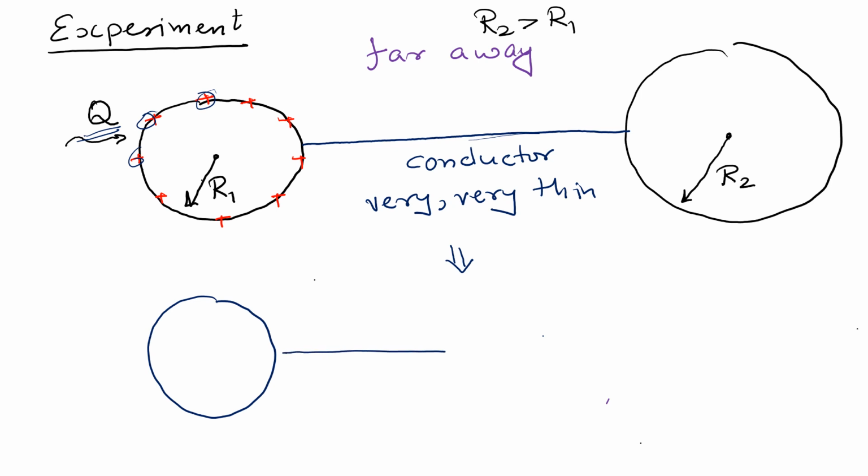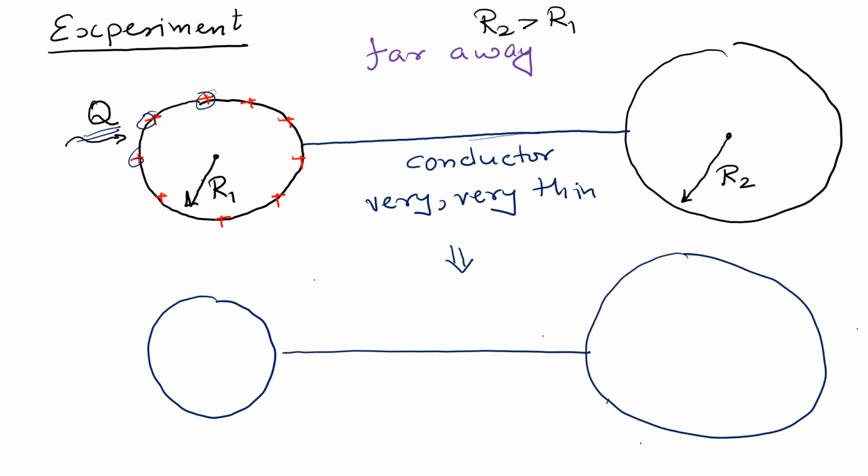I do not know exactly how much charge is going to be present on one or the other till we do the calculations. So let's assume that there is charge Q1 here and Q2 here, on this R1 and radius R2.